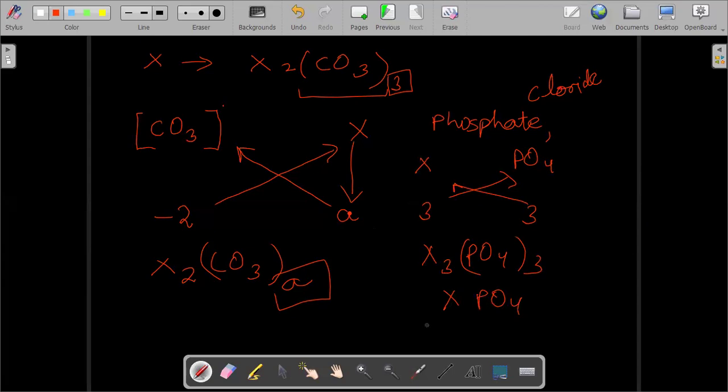So this is the formula of phosphate. To obtain the formula of chloride, we write X having the valency 3 and chloride Cl having the valency 1. You cross it, so you obtain XCl3. Okay, sir. Got it? Yes, sir.